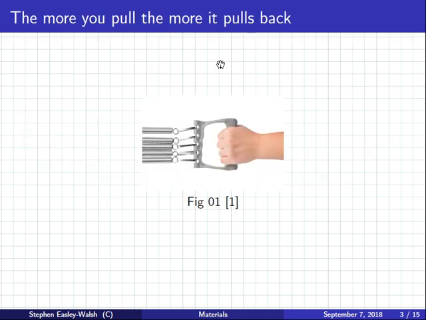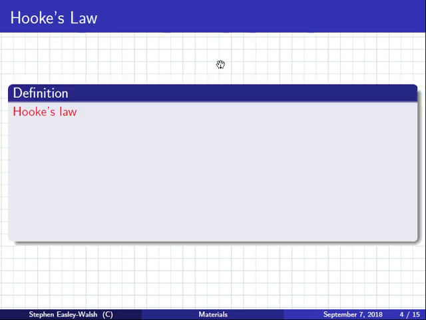So, you all have seen this before. You pull on it, and what happens as you pull? When you pull on this, what do you feel? You feel it wanting to move back, okay? So the more you pull it, the more force you have. In fact, Hooke discovered the law, so it's called Hooke's Law, of course.